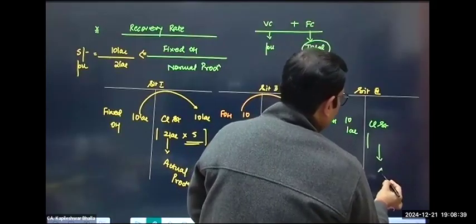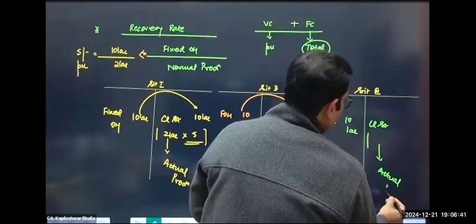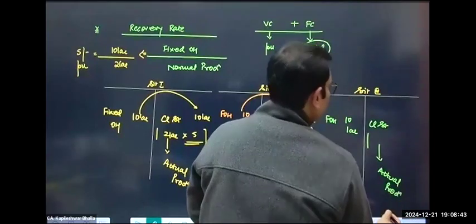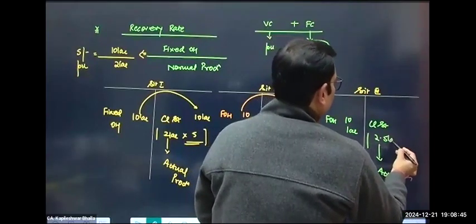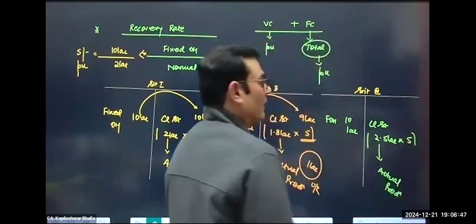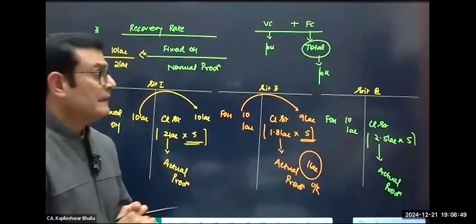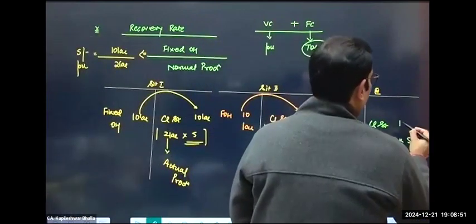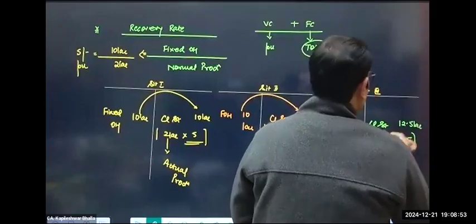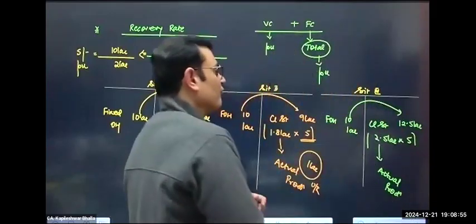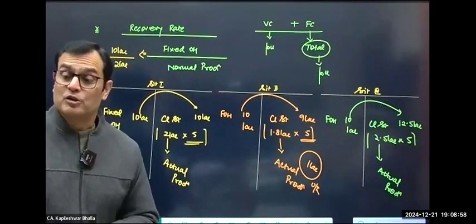Let's consider in this case the actual production is, let's say, 2.5 lakhs. So I would take 5 rupees per unit as a part of my closing stock valuation, and this works out at 12.5 lakhs. So out of 10 lakhs, 12.5 is getting included in the stock valuation.